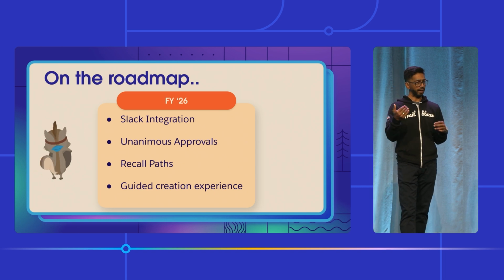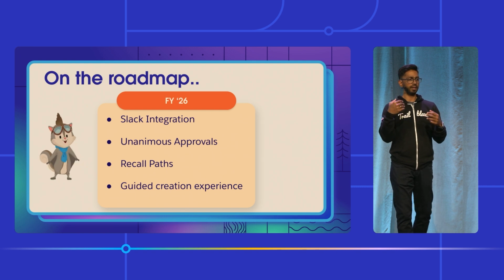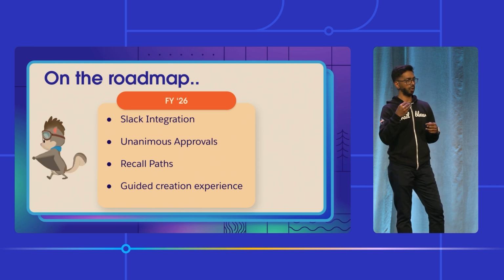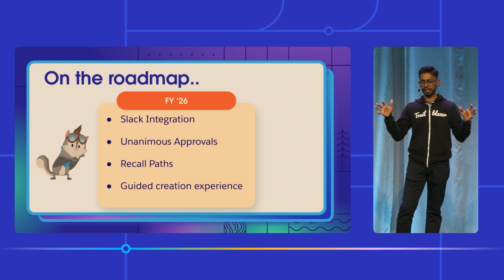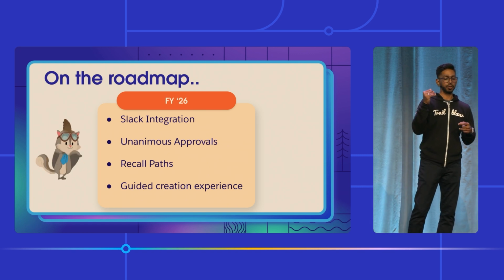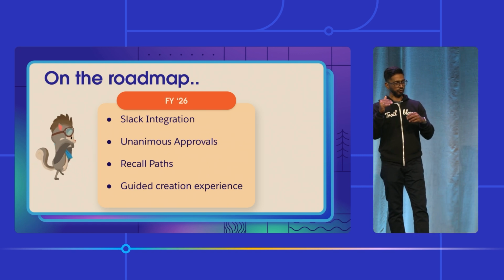And recall paths is coming. This is something new, where you would be able to control what happens when a submission is recalled. Say, when the submission kicked off, you updated a bunch of records, and if it was recalled, you would like to bookkeep and bring them all back to the state they were in before the submission. You'd be able to do that inside of a recall path in the flow builder.